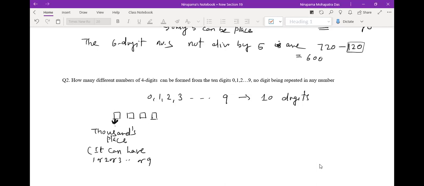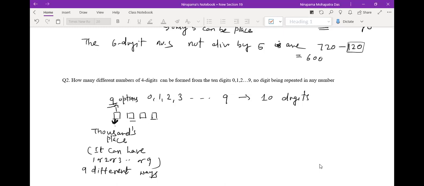So how many ways? 9 different ways. Okay, so we have 9 choices for this place, 9 options, simply said.